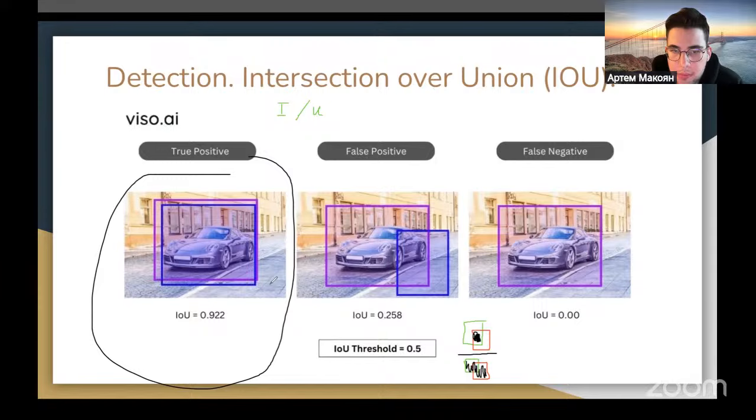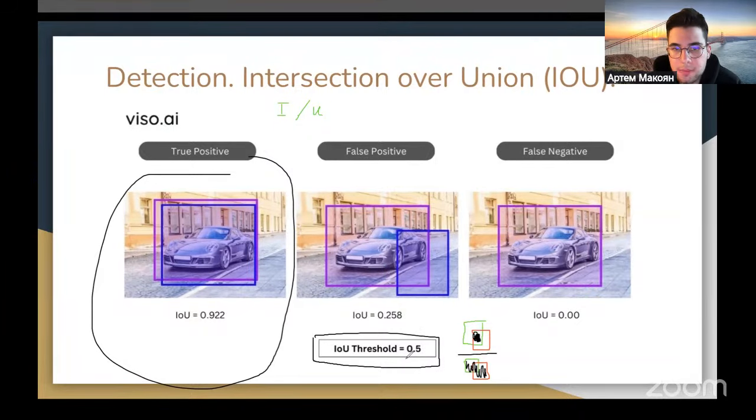Hard to say. But now we say: if IOU is higher than 0.5, then the bounding boxes are the same. They bound the same object. If IOU is less than 0.5, then the bounding boxes are different, so our prediction is incorrect.